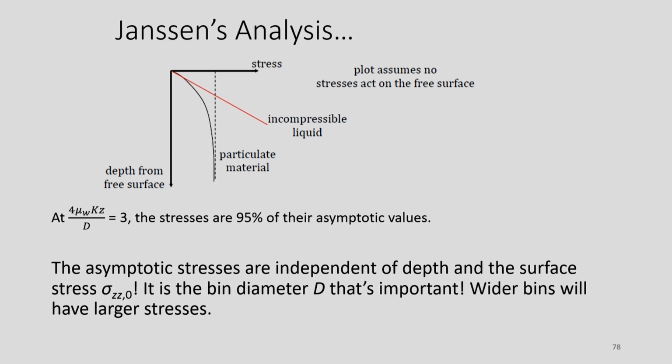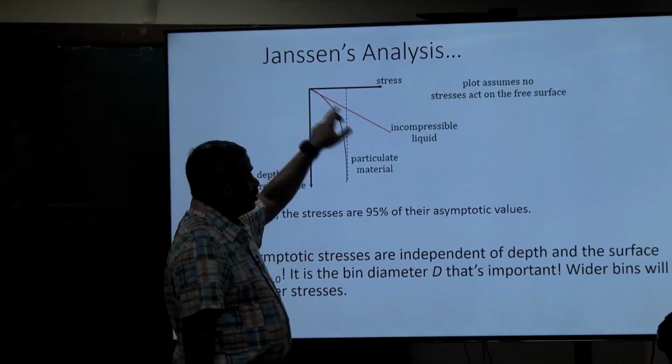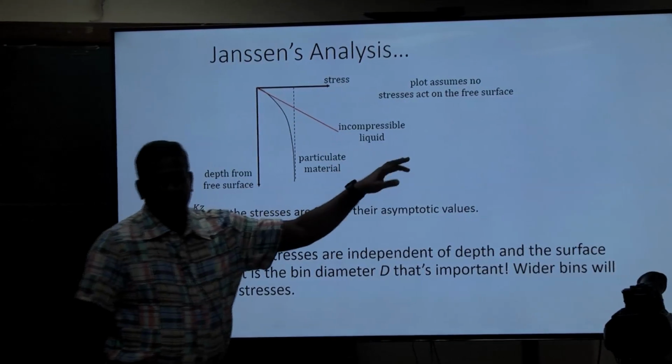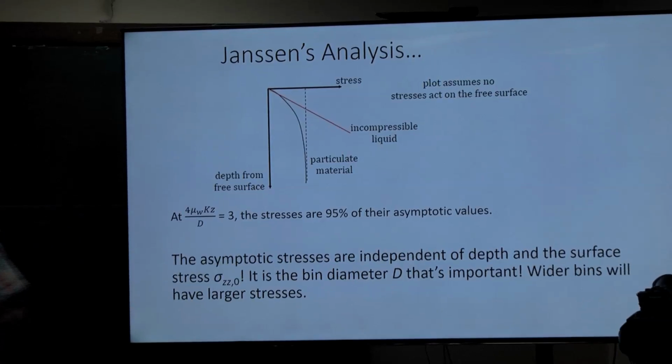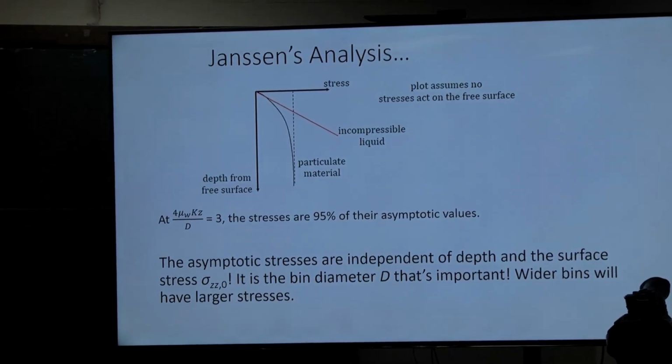But if you increase the diameter, then the stresses will go up. That's why we limit the diameter, to keep the vertical stresses low and the effect on the bin and hopper low. But for incompressible liquid, and most fluids, we know the equation, right? rho g height. With an increase in height, the stress also increases.